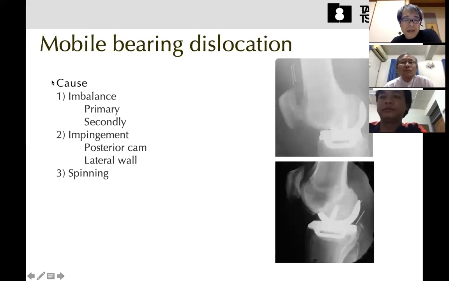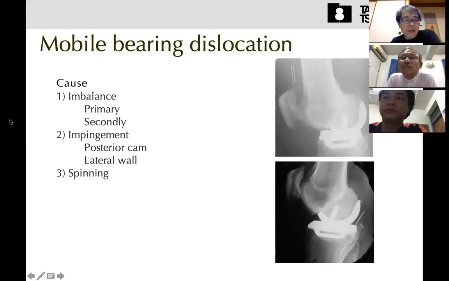Primarily this is an operative, technical error. At the time of surgery, the balance is already bad, for example a loose flexion gap or loose extension gap.